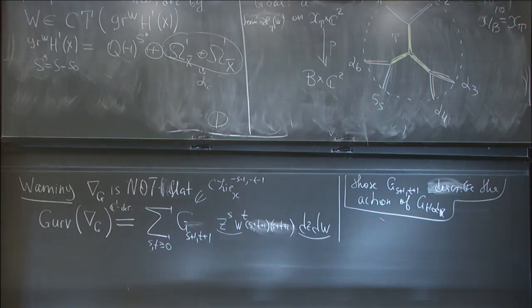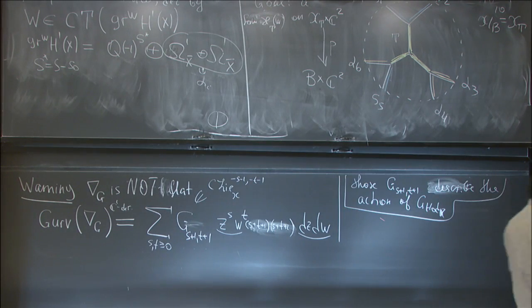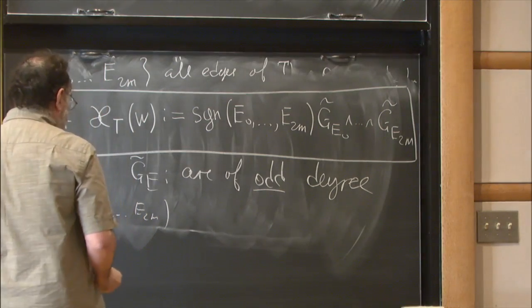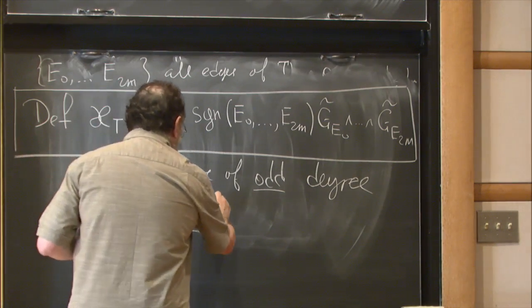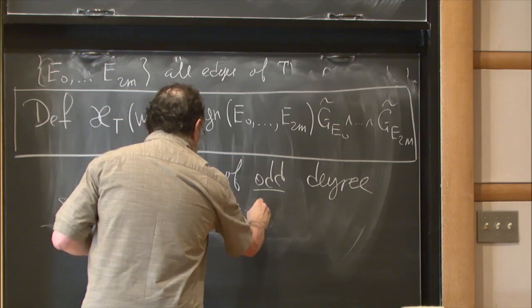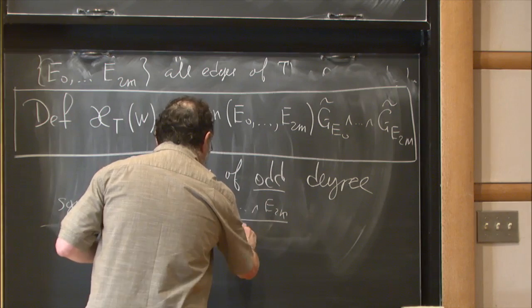This is important because otherwise the construction would be empty. What I need to do is assign a sign here, and by definition the sign of E0 and so on, to E M, is this: you take your orientation given by this order, and you divide it by the canonical orientation.